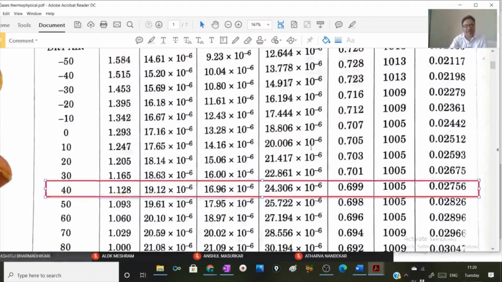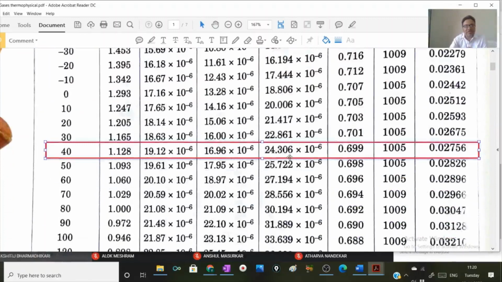This is thermal diffusivity, 24.306 into 10 to power minus 6. Prandtl number is 0.699. Cp is 1005 joule per kg per Kelvin, and thermal conductivity is 0.02756. So we need to write down all these thermophysical properties for air at mean film temperature of 40 degrees Celsius. I hope all of you have got these values.